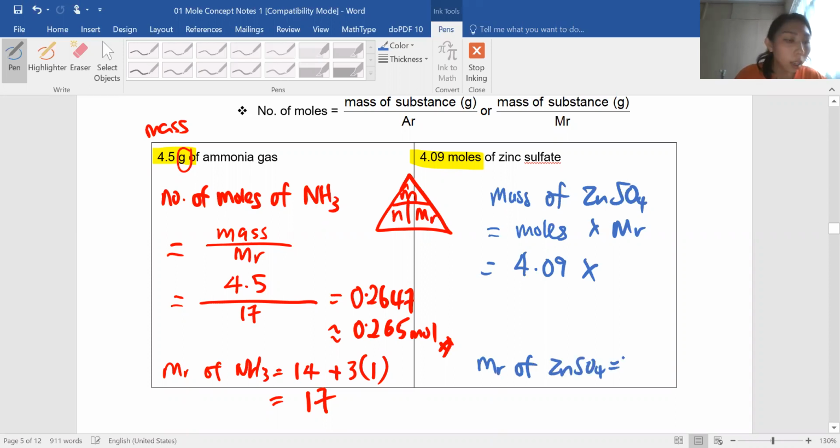Zinc, let me find, if I'm not wrong, is 65. Sulfur is 32. Oxygen is 16. I have 4 oxygen, so I've got to multiply by 4. Let's punch it into our calculator now: 65 plus 32 plus 16 times 4.